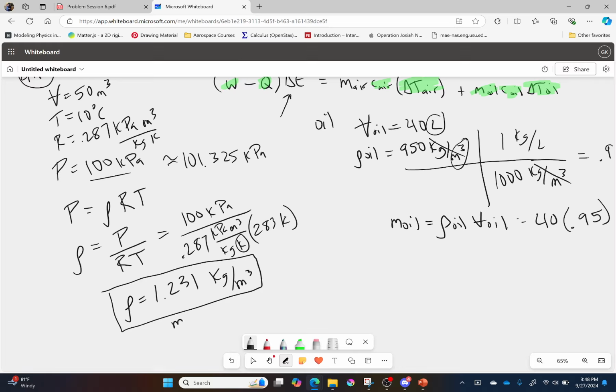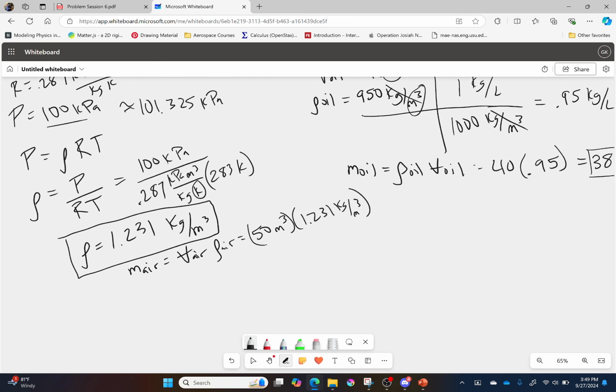Just like for oil, mass of air is going to be equal to my volume of air times my density for the air, which will be equal to 50 meters cubed times 1.231 kilograms per meter cubed. And what number is that? I don't know, I'm going to find out in a second. It is 61.56 kilograms. There's quite a bit of air in there.